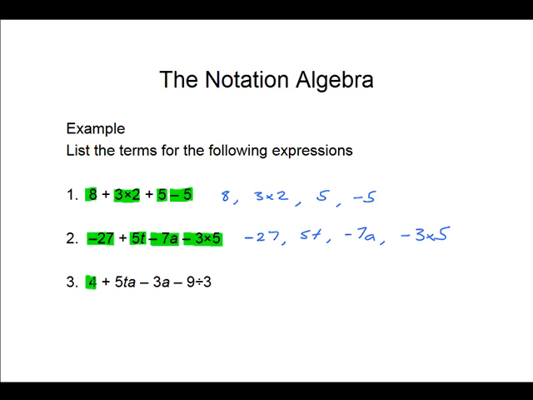Let's look at the last example. See how it's between the plus and the minus signs, and the minus sign is part of the term. There's no need to simplify, because the question's not asking that, it's just asking to list the terms in their current form.